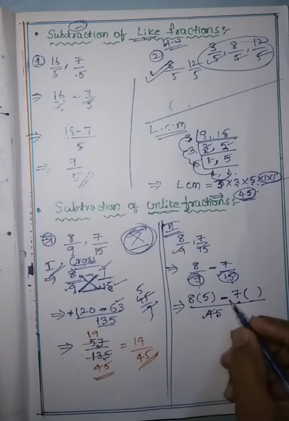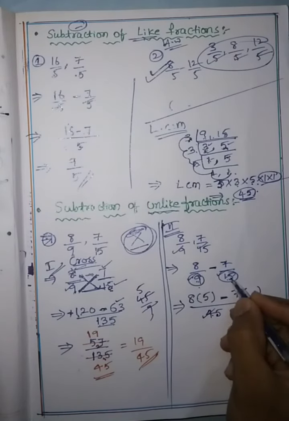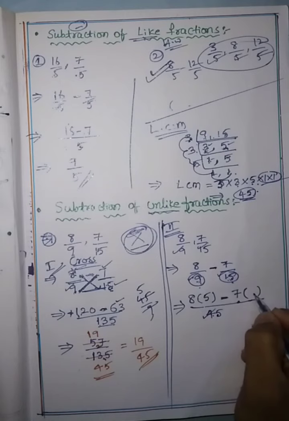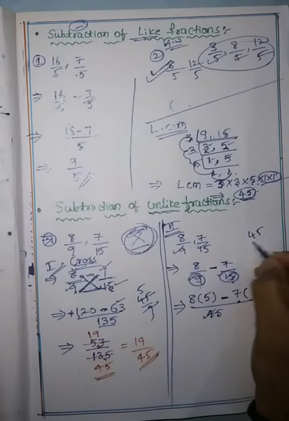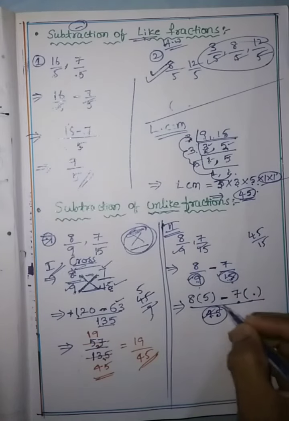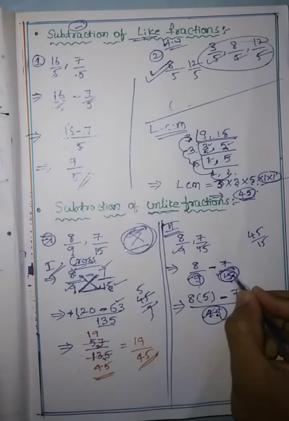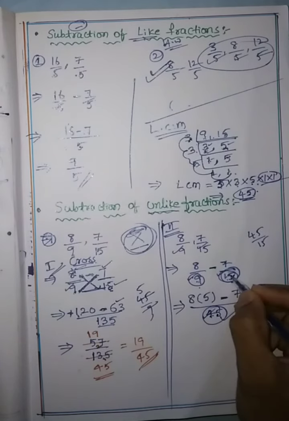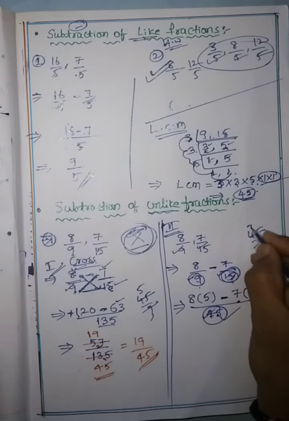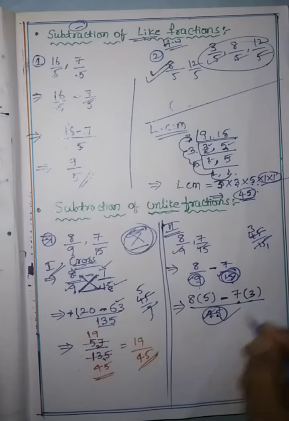Take 5. Next 45 by 15. This denominator by this denominator. 15 ones are 15, 15 3s are 45. So 3.